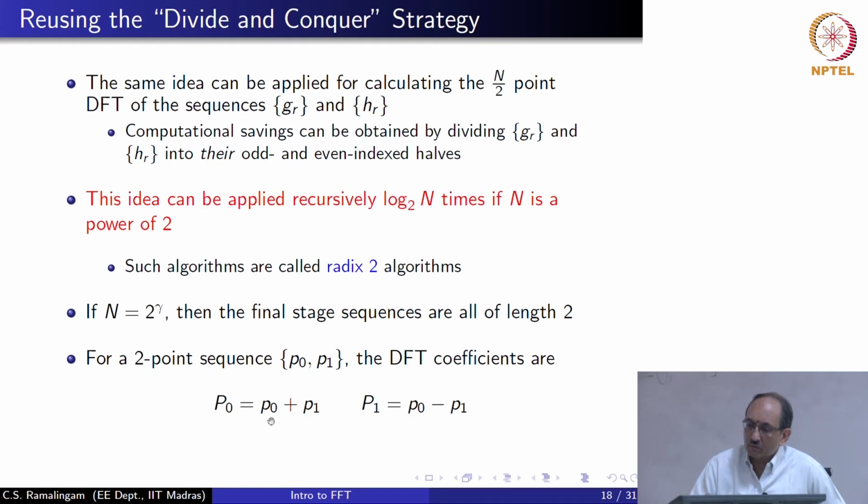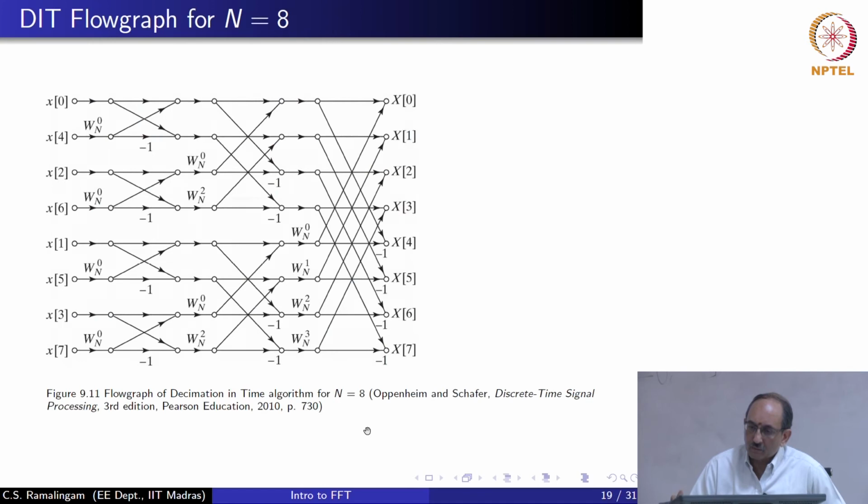For 0, you just need to sum up the 2 terms. For the transform at k equal to n by 2 when n is 2, you need to just subtract. So, the final 2-length transforms are also extremely simple, okay. So, this is the flow graph.